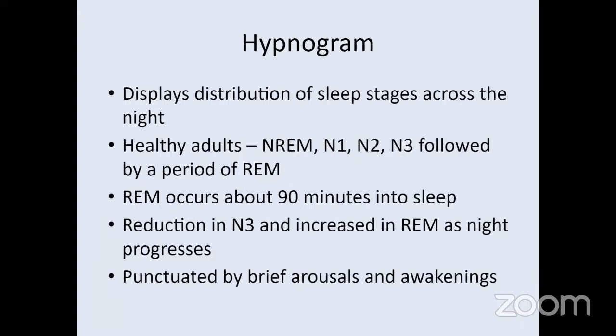So REM sleep occurs every 90 minutes. There is a reduction in N3 and an increase in REM as the night progresses. So we are talking about the normal sleep in this slide, punctuated by brief arousals and awakenings. So this slide summarizes the normal sleep pattern.